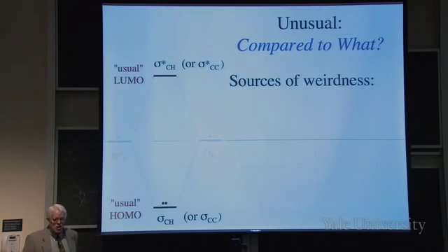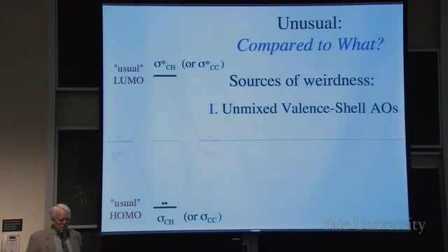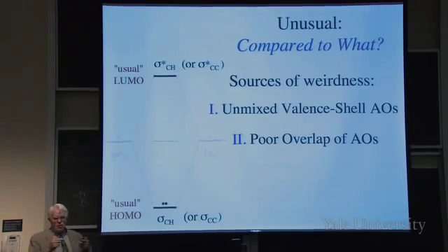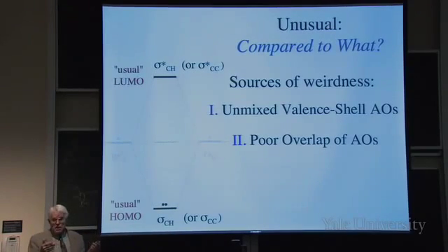Now what could make things weird? One thing that can make things weird is if you had valence shell atomic orbitals that didn't get mixed with anything, so they're not sigma or sigma star bonding or antibonding, they're the original orbital in between these, so that would make things unusual. If there's no overlap, then you have unmixed orbitals.